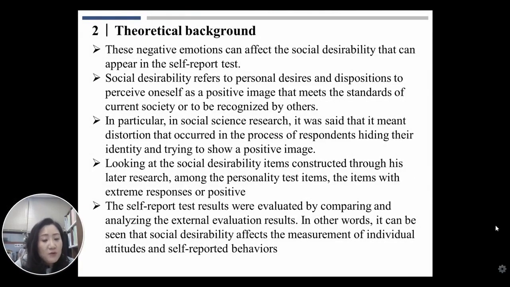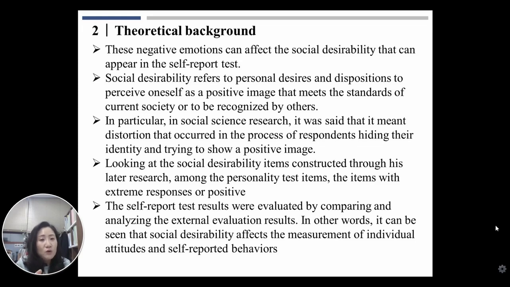These negative emotions can impact the social desirability that can appear in the self-reported test. Social desirability refers to personal desire and dispositions to perceive oneself as a positive image that meets the standard of current society or to be recognized by others.